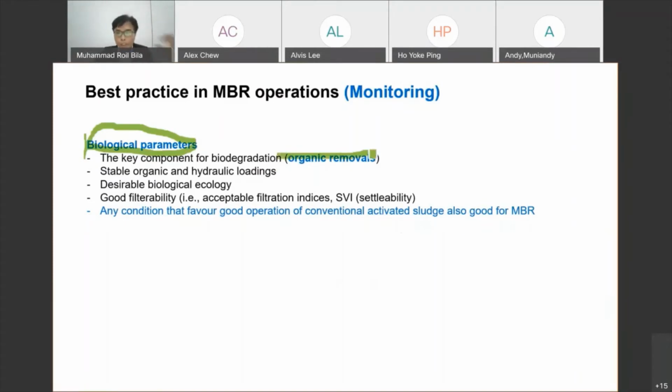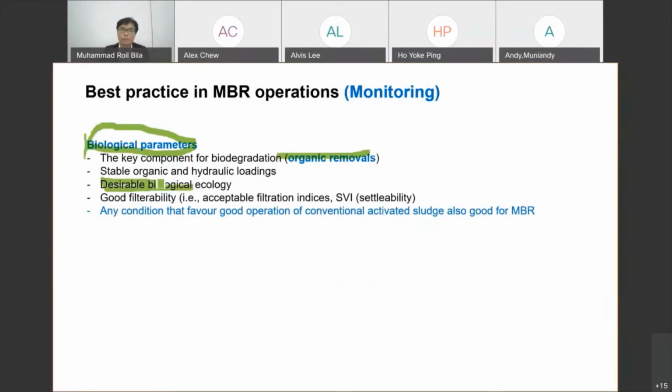Basically, we need to maintain stable operation in terms of organic loadings and also hydraulic loadings. We need to maintain the ecological condition that is good for the biology. For example, we need to maintain the DO high, like 1 to 2 milligram per liter.